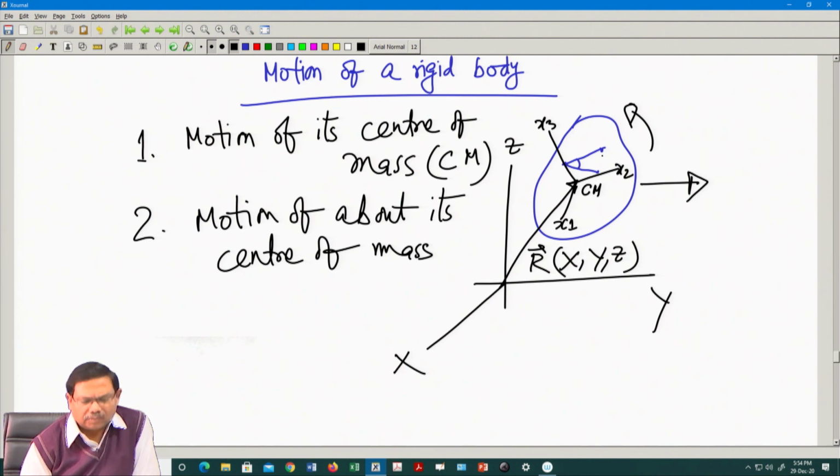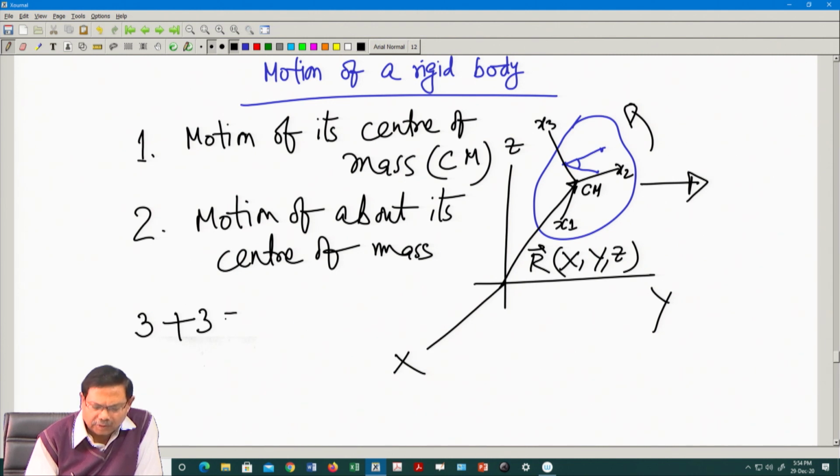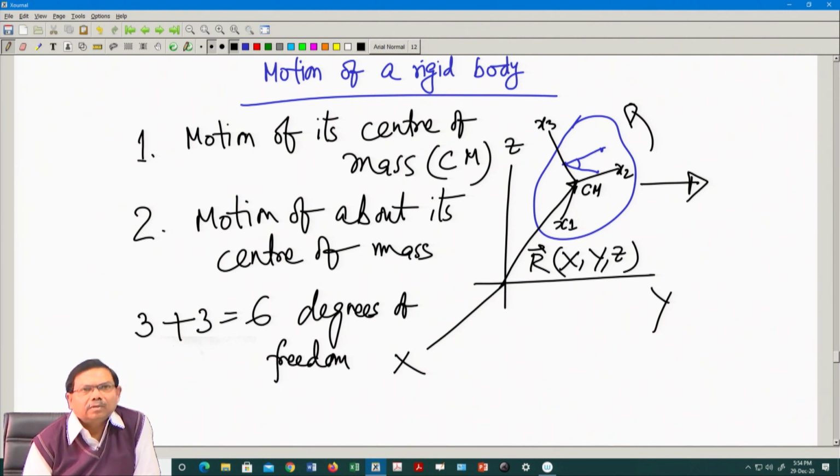So, to describe the dynamics of a perfectly rigid body, we require 3 plus 3 equal to 6 degrees of freedom, right.